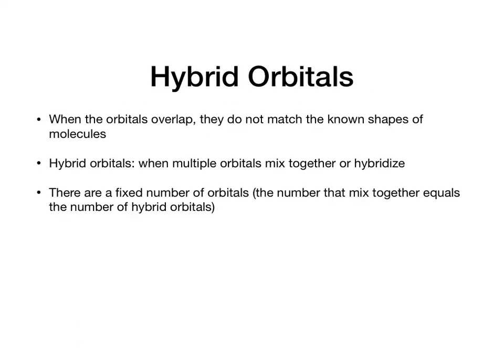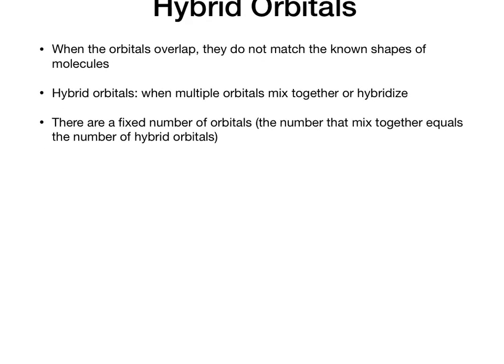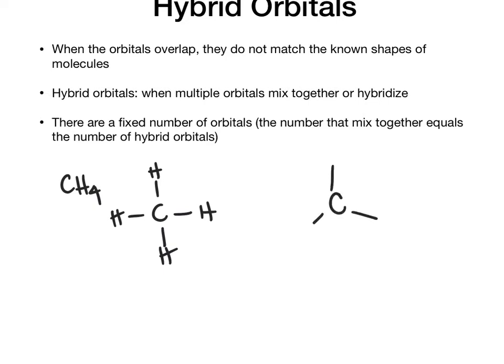But when these orbitals overlap, let's think about CH4. So we have carbon with 4 hydrogens, and it looks like this. And we know based on the structure that we have a steric number of 4, which is tetrahedral, and so we end up with this structure.